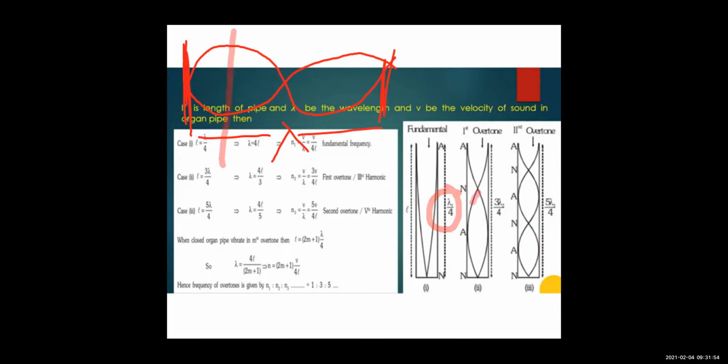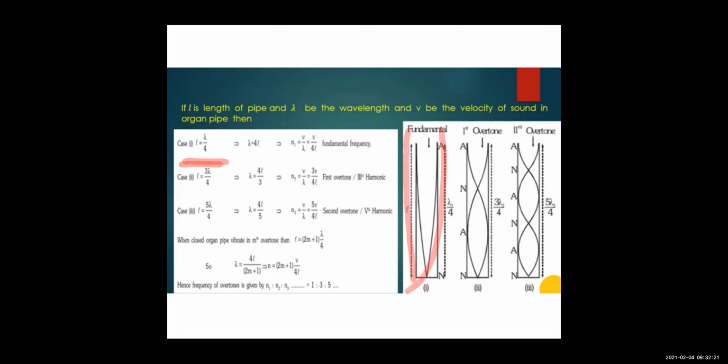Half is lambda by 2 and 1/4 is lambda by 4. If you add them, you get 3 lambda by 4. Here you have one complete wave plus 1/4 wave, so if you add them, you get 5 lambda by 4.